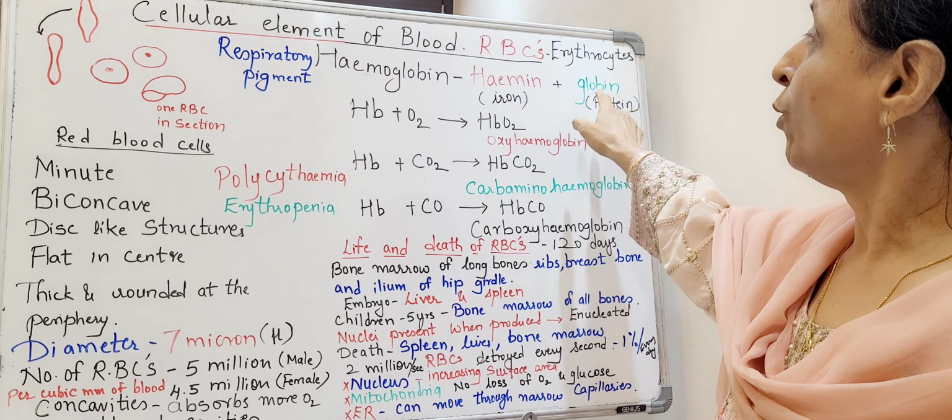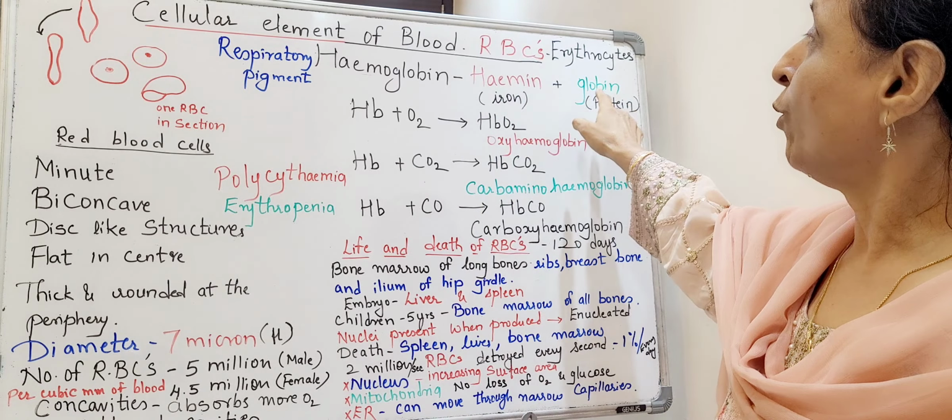Now, they have concavities. It is actually a spongy structure which has got hemoglobin. So the structure is colorless. It is colored only because of hemoglobin. This concavity, being concave on both sides, increases the absorption of oxygen, and it travels through the cavities.